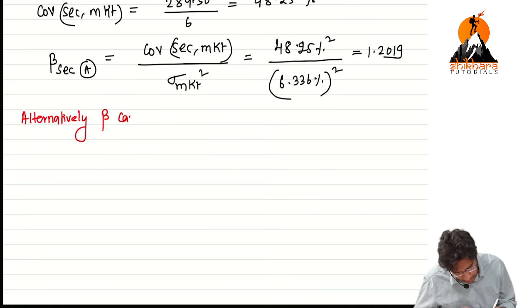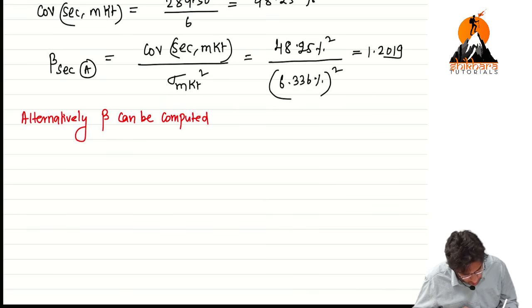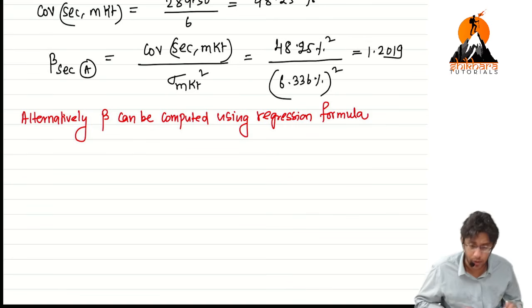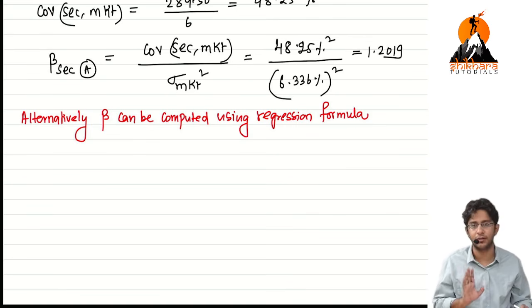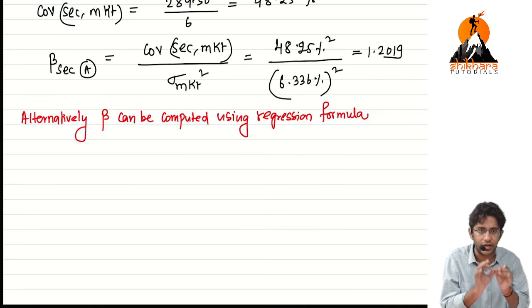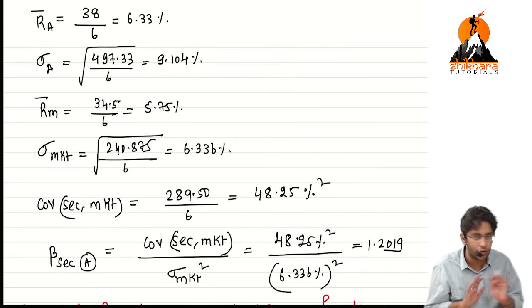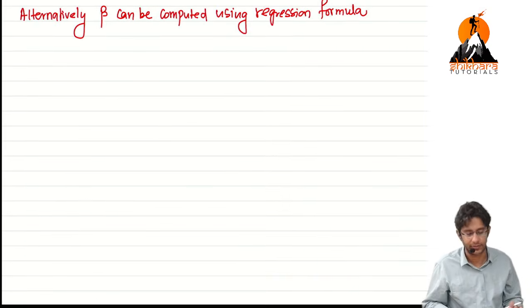Alternatively, beta can be computed using the regression formula. Sir, there are questions where they will shamelessly ask to compute beta using regression analysis. You know this version, but they will not ask, they don't want this, they want only this.